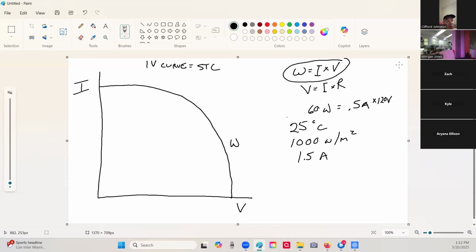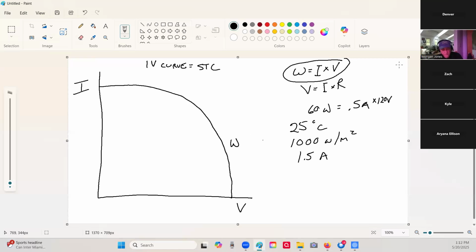They go outside. It's about 25 degrees Celsius. That sounds like a good number. That's 77 degrees Fahrenheit. At sea level, you're going to get about 1,000 watts per square meter if there are no clouds in the sky. And at sea level, at that latitude, you're going through about 1.5 atmospheres.